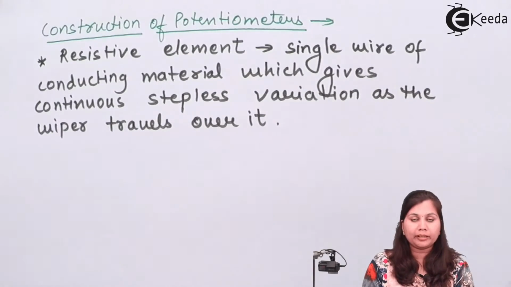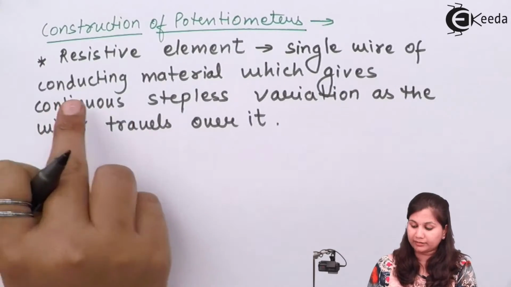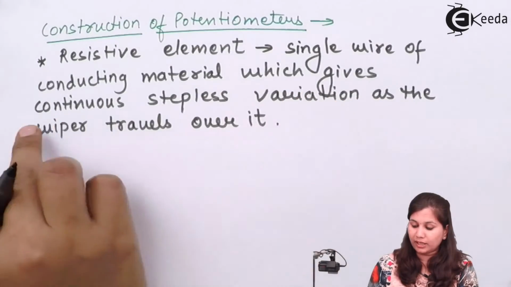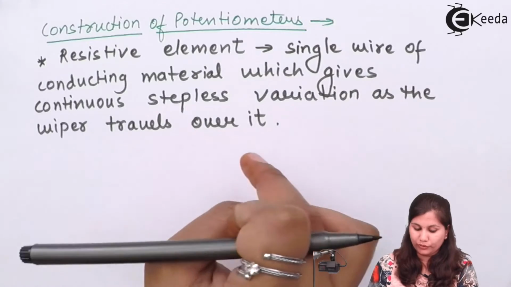So the main component of a potentiometer is the resistive element, which is a single wire of the conducting material which gives a continuous stepless variation as the wiper travels over it.